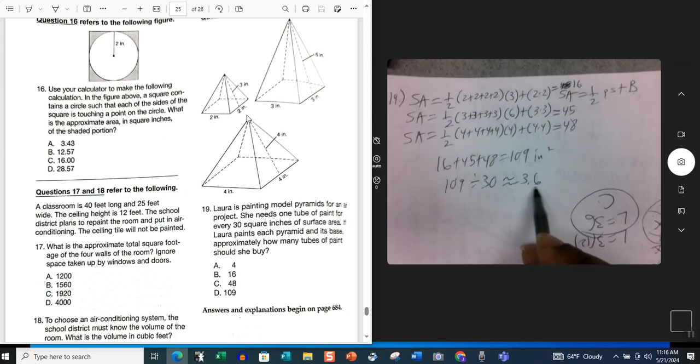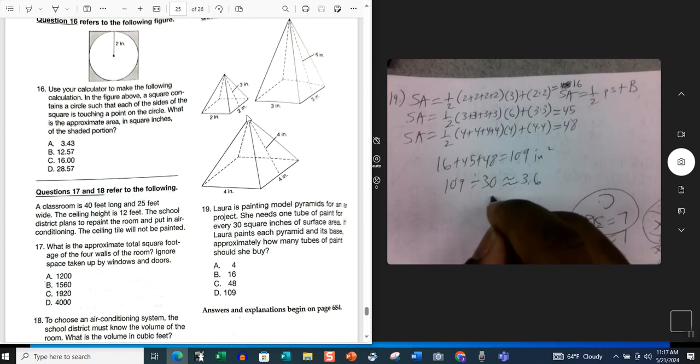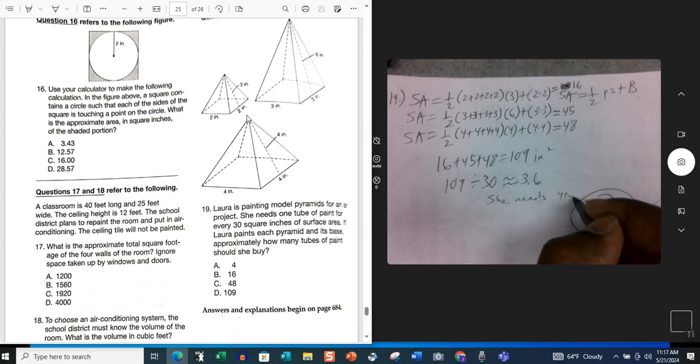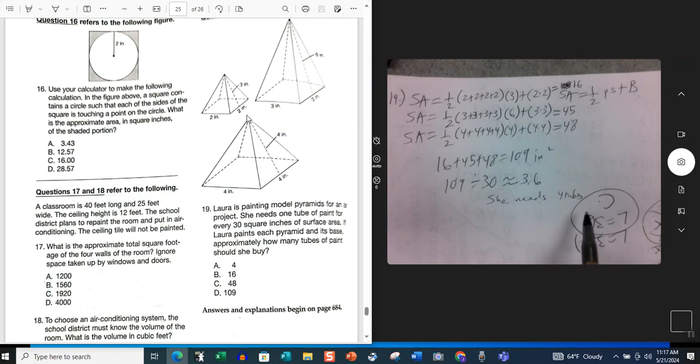Now we know we cannot get 0.6 tube of paint. So anything that's after the decimal, you have to go to the next amount of paint. So this would be 4. So she would need 4 tubes. So since she needs 4 tubes, that'll be A.